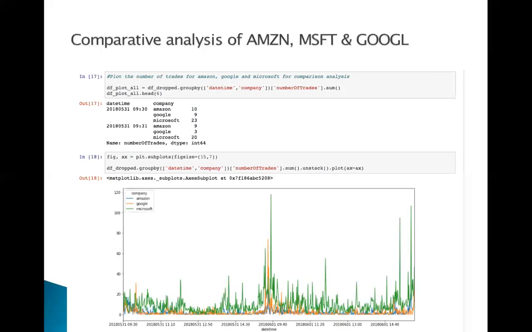If you see in this graph at 9:40, right after 10 minutes when the stock market opened, that was the highest volume for Microsoft, and even the other stocks like Google and Amazon did pretty well around 9:40.